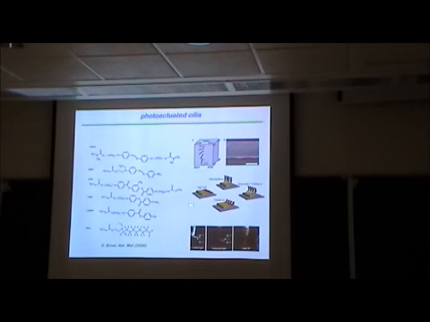Now you shine light on it. When you shine light on it, the azos go from being trans to cis. They're along the director, so when the molecules bend, the material shrinks in the direction of the nematic director. So the top half of this 50 micron thick film shrinks.